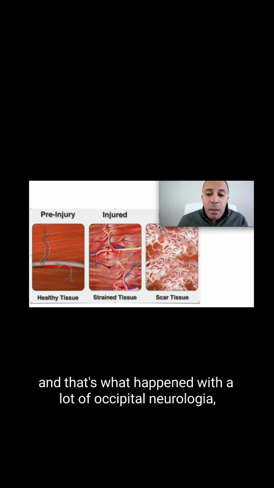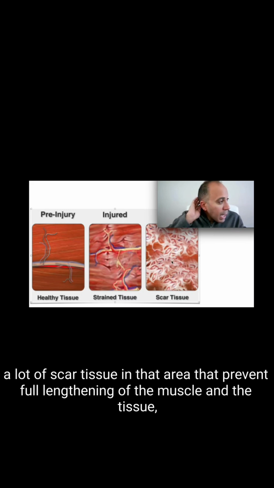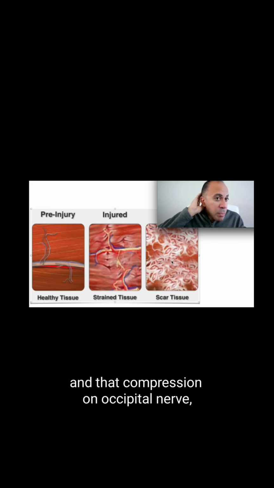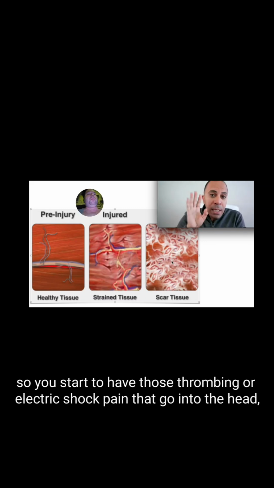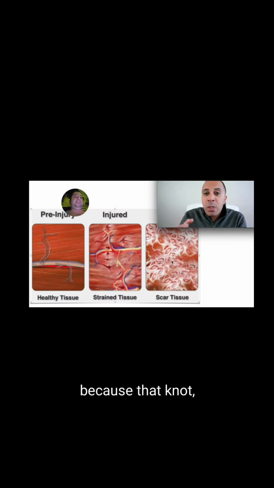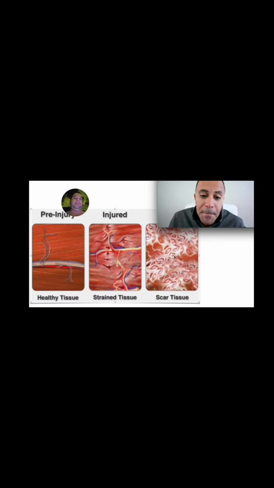And that's what happens with a lot of occipital neuralgia: a lot of scar tissue in that area prevents full lengthening of the muscle and the tissue, and that compresses the occipital nerve. It's kind of suffocating the nerve, so you start to have those throbbing or electric shock pains that go into the head, because that knot is like a rock compressing on that nerve.